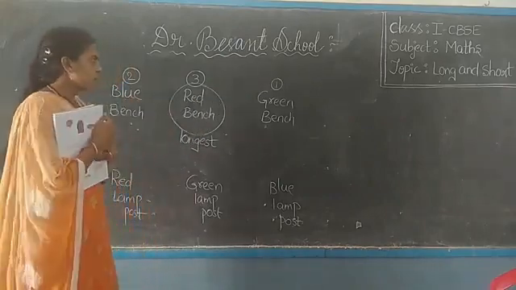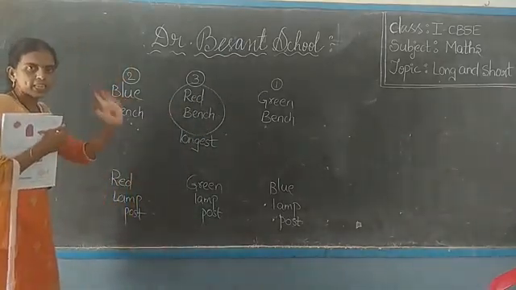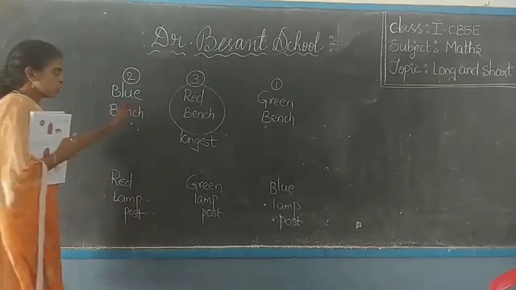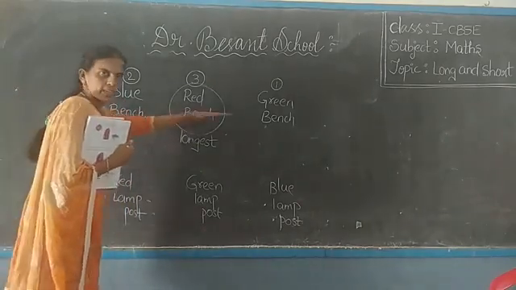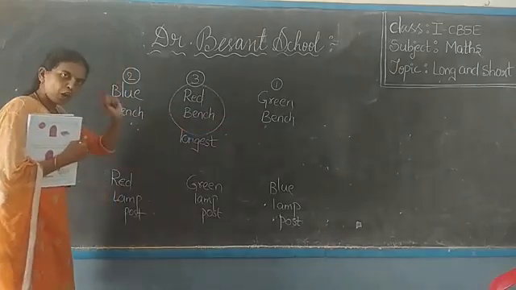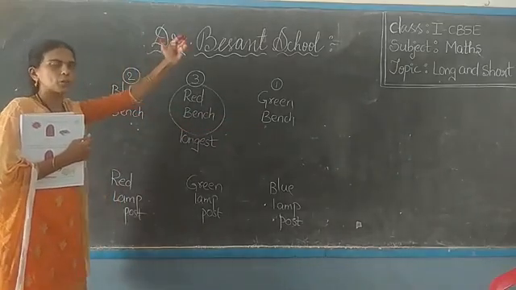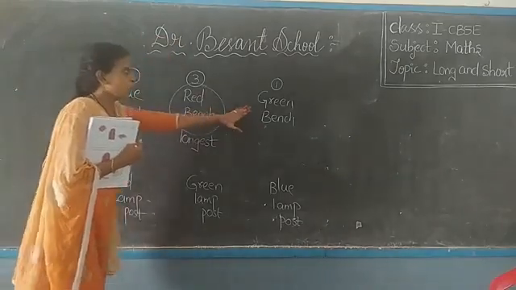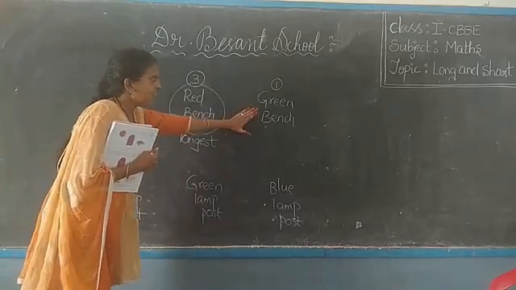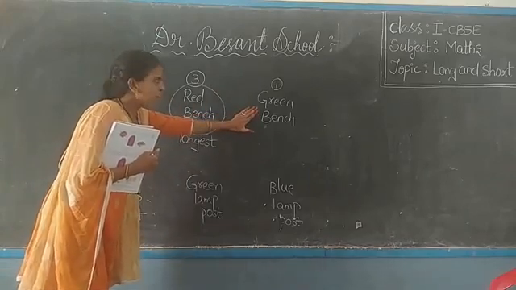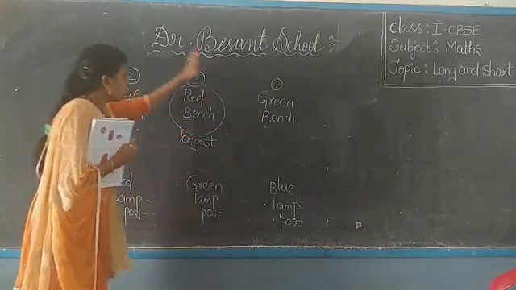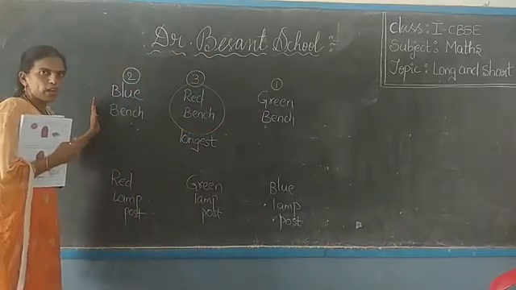Okay children, once again I am explaining to you. Please listen carefully. Here 3 colored benches are given, right? From the shortest bench to the longest bench, I have given the numbering. So first, the shortest bench is the green bench. After the green bench, the blue bench is longer.